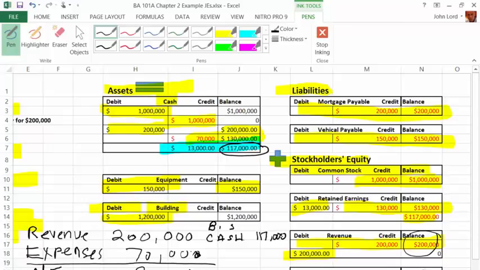Then I have what? Any other assets? Cash is an asset, so I'll list my assets there. That says assets. Cash is an asset. Any other assets on my balance sheet? Building. Good. Building is going to be what? 1,200,000. Good. Got that.